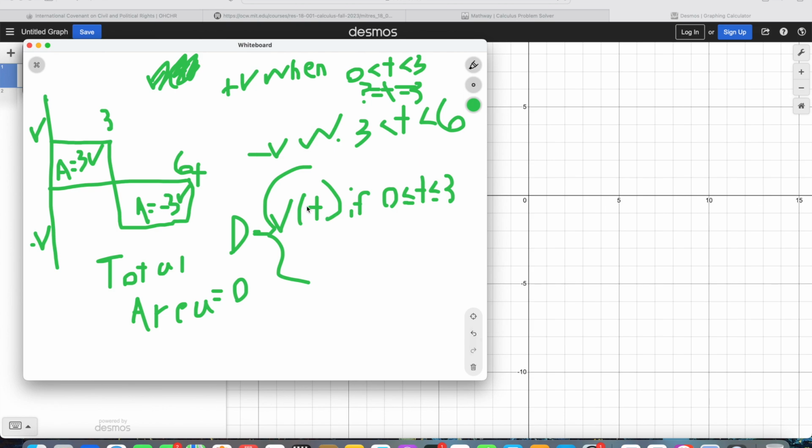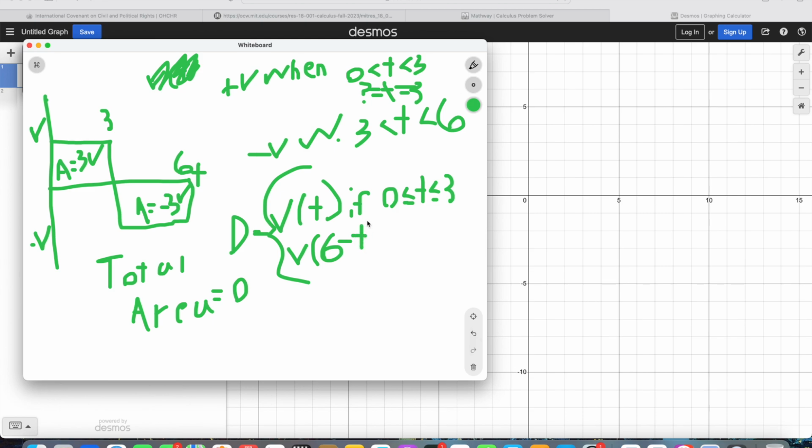T is time, so you put in 3 for time, you put it in the function, and he's driving forward. And it can't equal 3 because at 3 he's just at that distance.